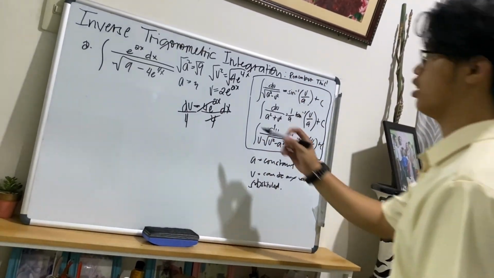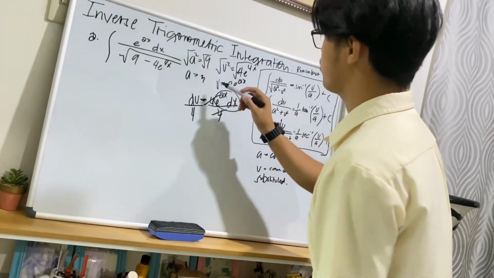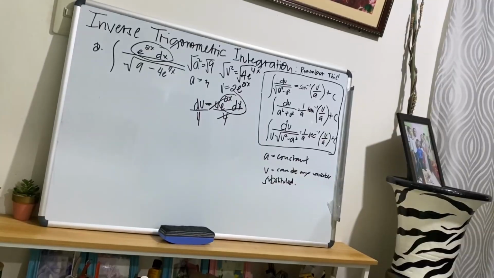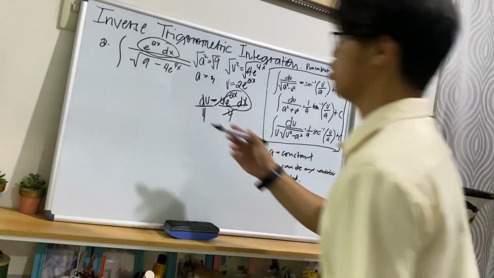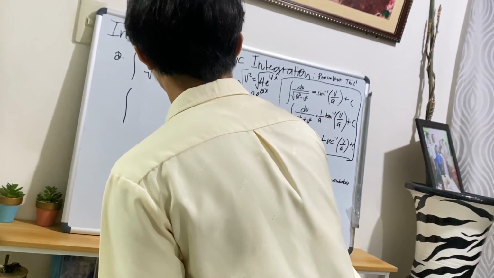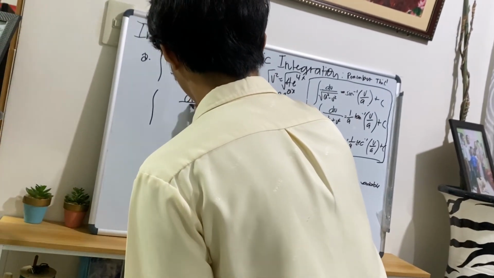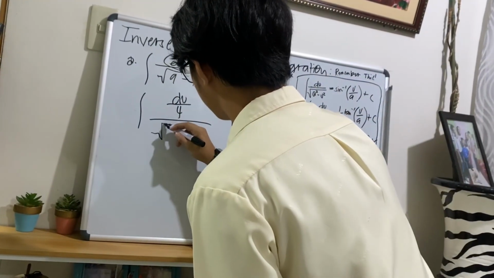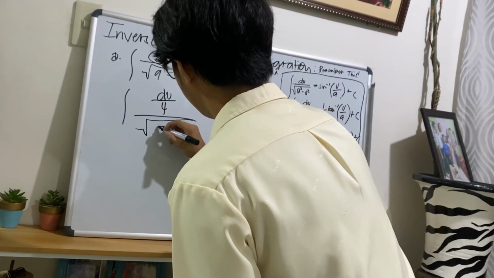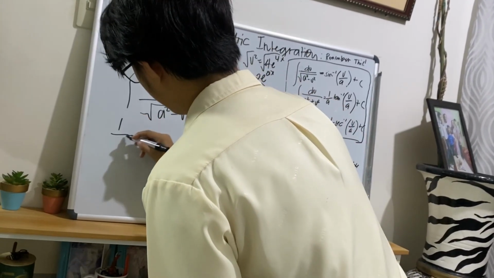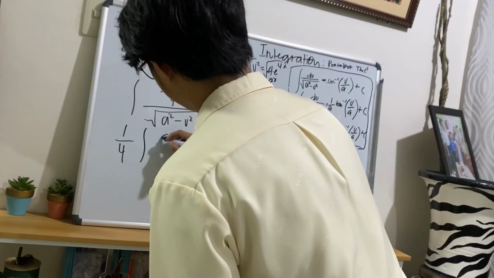So we know that this is the same as this in our numerator. Substituting all that we have, du over 4, and our square root of 9 is a squared minus u squared. So put 1/4 outside.